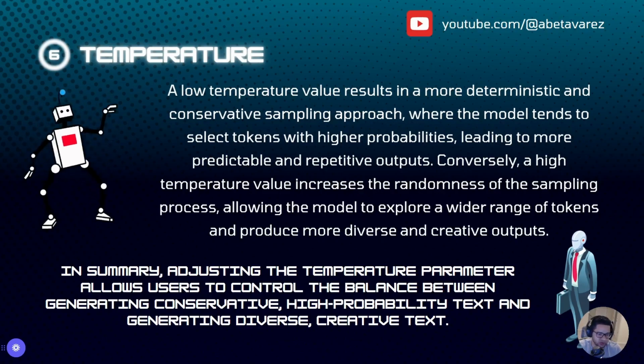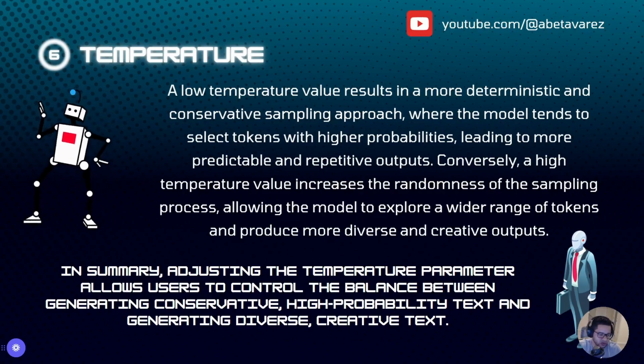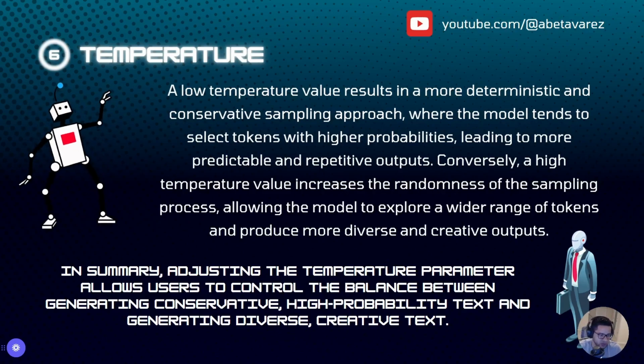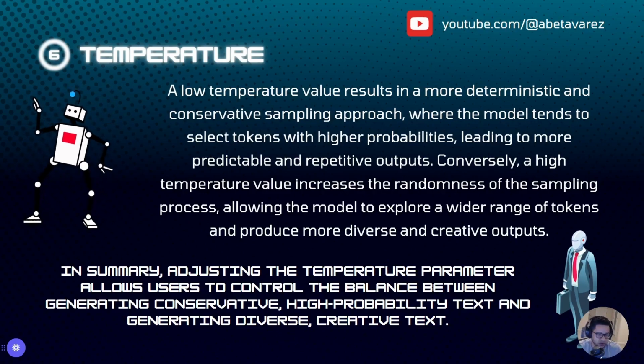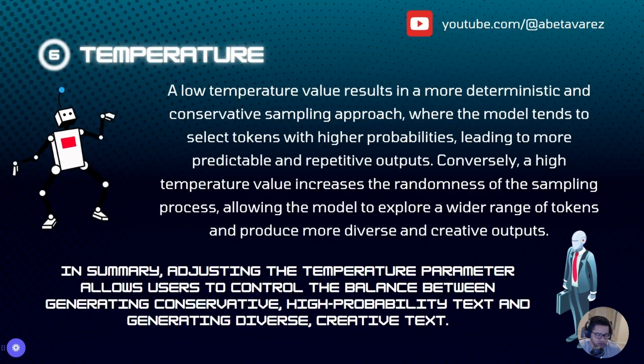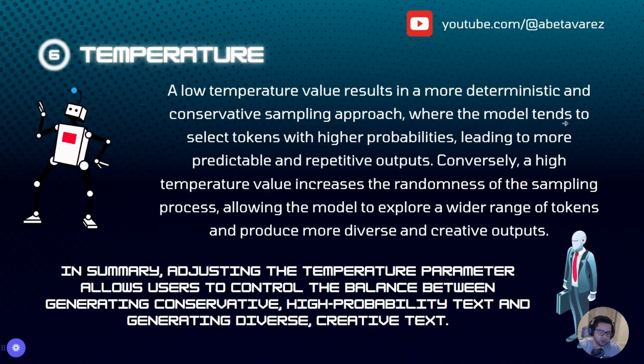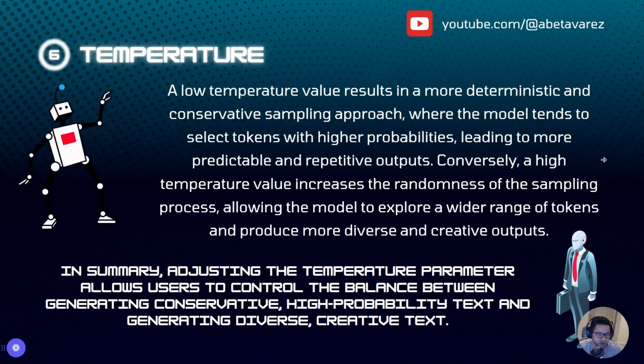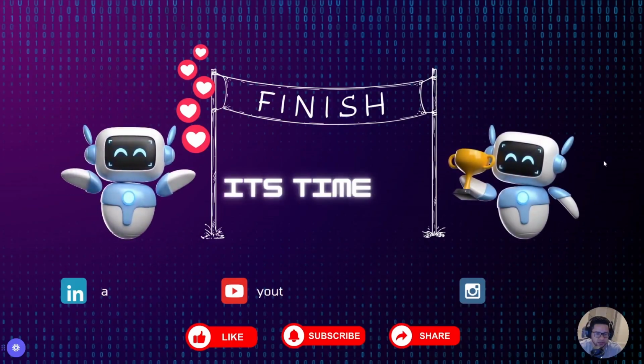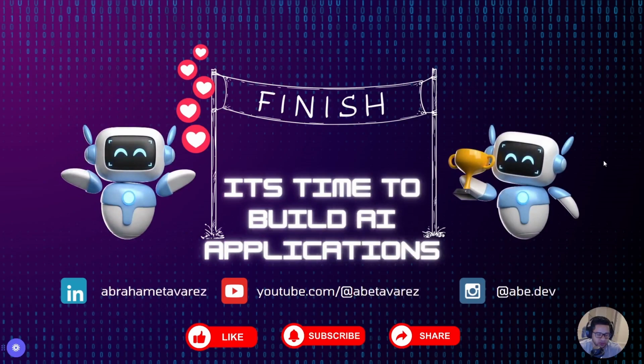In summary, adjusting the temperature parameter allows users to control the balance between generating conservative, high probability text and generating diverse and creative text. And we're going to play around with the temperature in the playground, where we're going to jump in right about now.